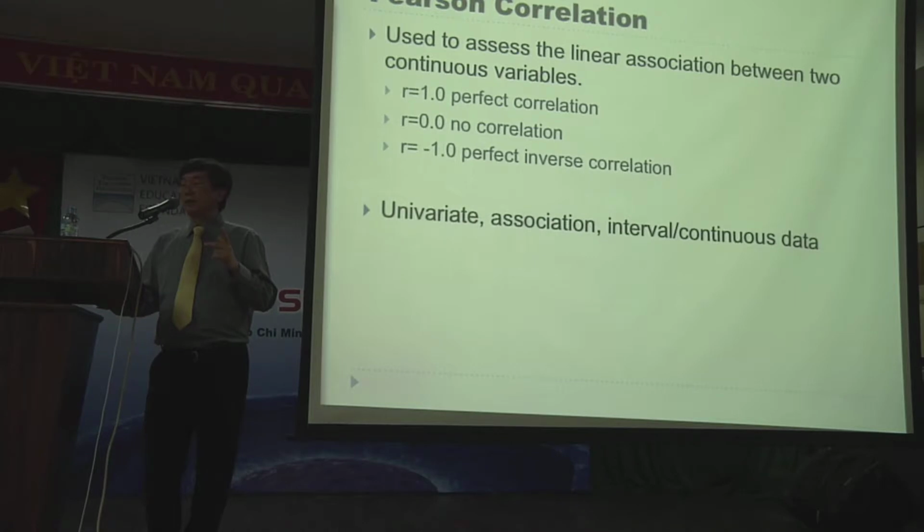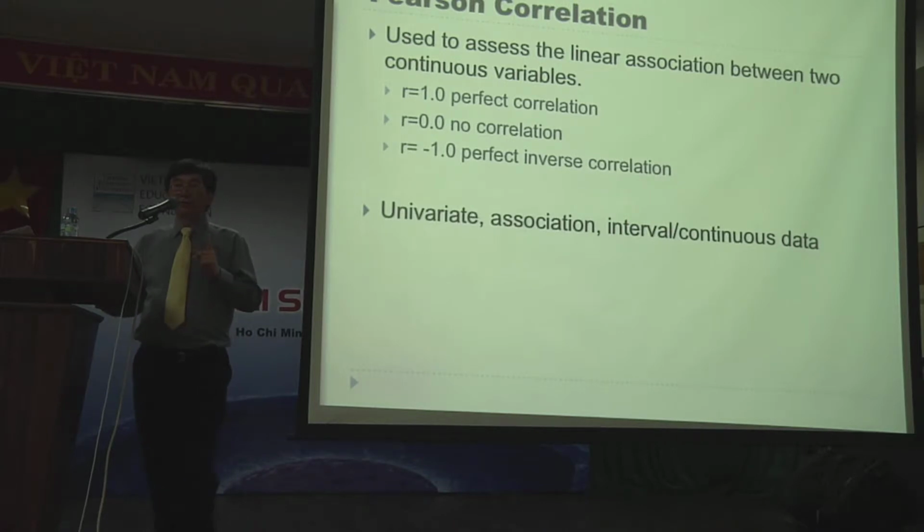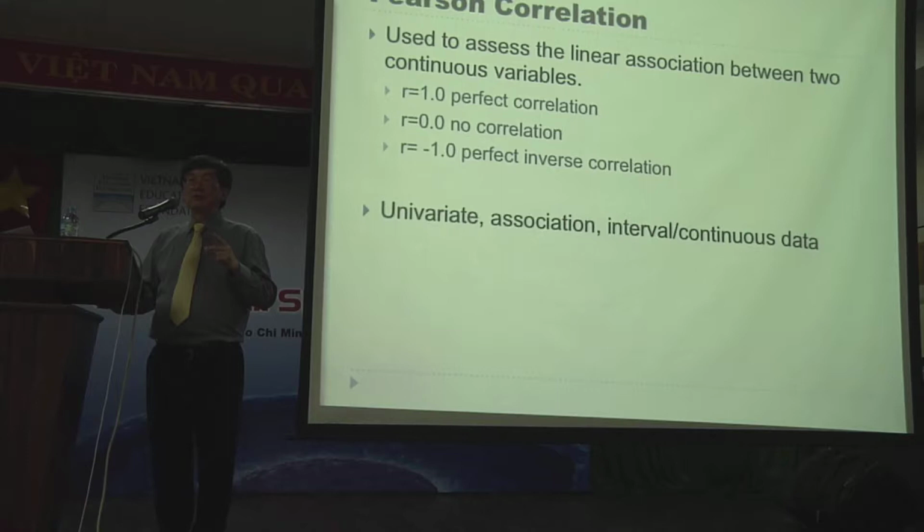Correlate can mean two things. They can either positively correlate with each other, or inversely correlate, or negatively correlate, with each other. Negative correlation means that as one goes up, the other goes down. Positive correlation means that when one goes up, the other also goes up.